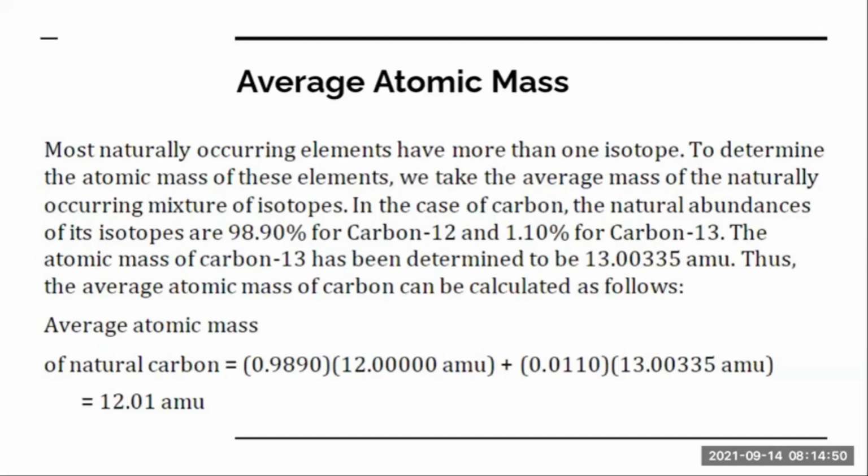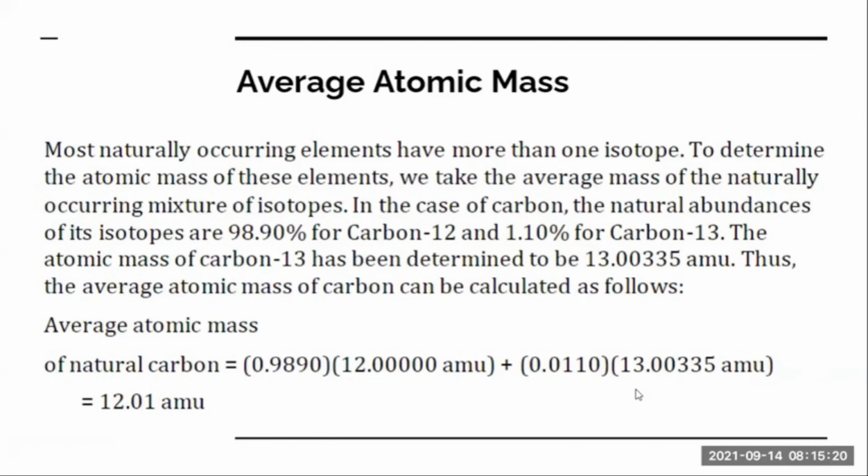12 atomic mass units for carbon-12, and 98.9% of naturally occurring carbons are carbon-12, and then 13.00335 atomic mass units for carbon-13, and 1.1% of existing carbons are carbon-13. Taking the average, we have 12.01 atomic mass units.